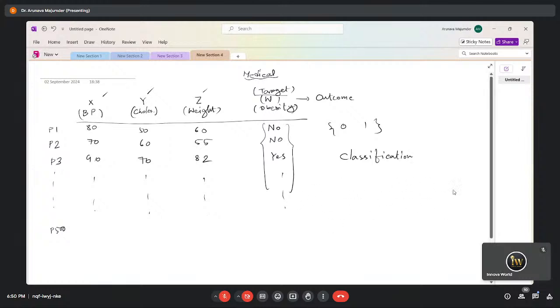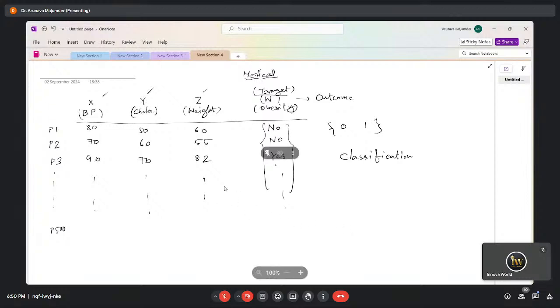A classification problem is a type of machine learning problem where the target variable or outcome variable is categorical. Only yes or no are there, so that is why we are saying it is binary.